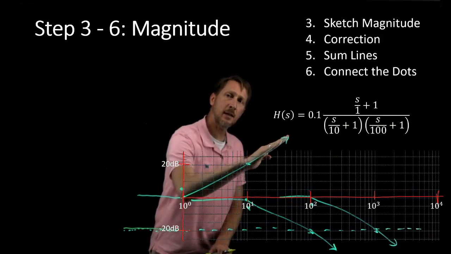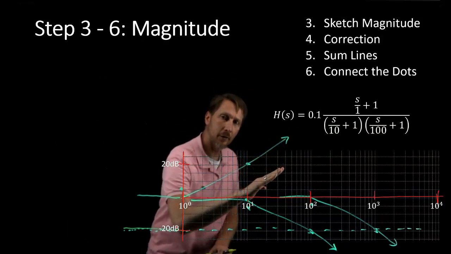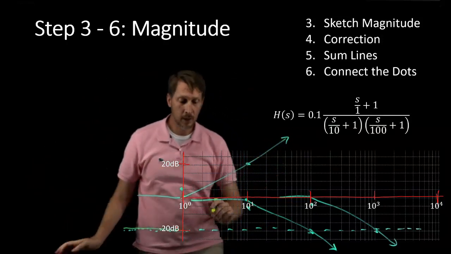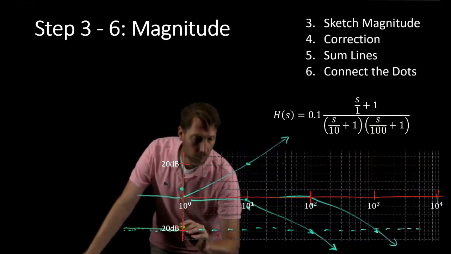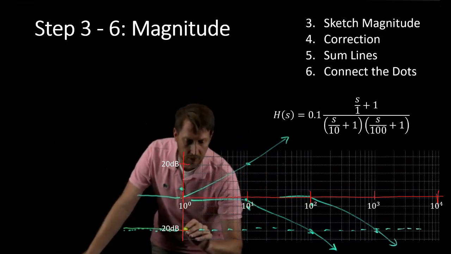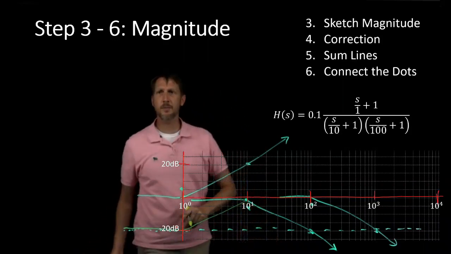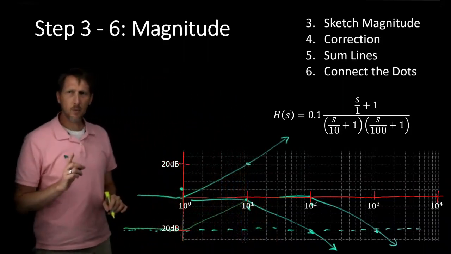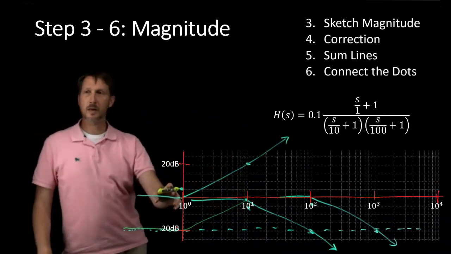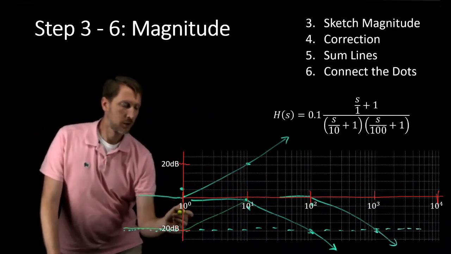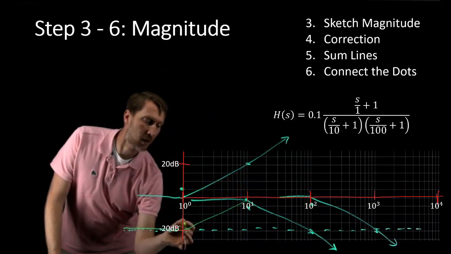So we can just take this line and translate it down. And that's all we need to do. And so we're going to go until our next inflection point, which is here, and we're going to go just up like that. Now we need to transfer down this 3 dB correction point. So we're going to just say 3 dBs off this line.